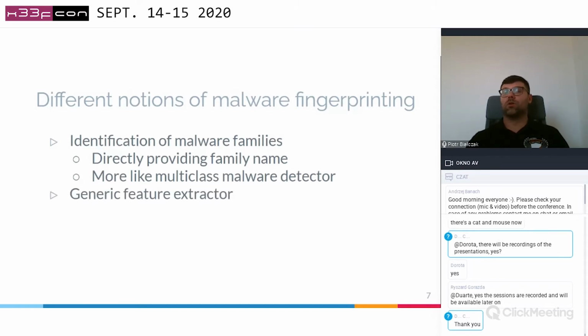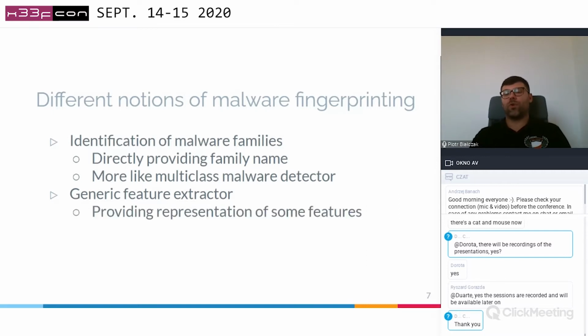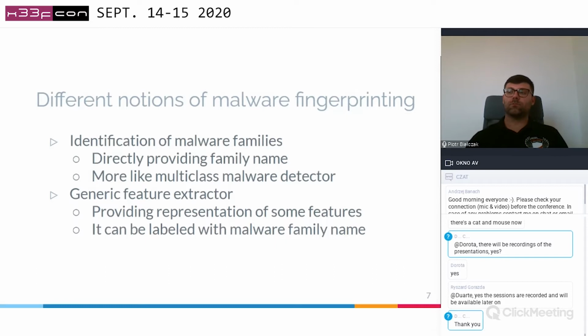The second group is more generic. I will call them generic feature extractors, because they provide a representation of some features from the network traffic, from the messages. These fingerprints do not give the malware family, however, we can label it later. In this presentation, I will focus on the second group.